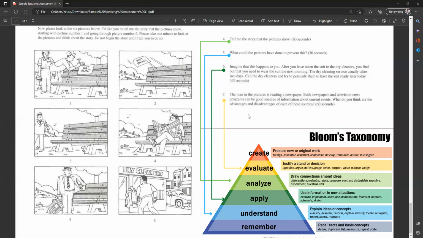What do you think are the advantages and disadvantages of these sources? So for this one, this is aligned with the evaluation level, because the assessee is being prompted to justify their stance on the advantages and disadvantages of newspaper and television news.